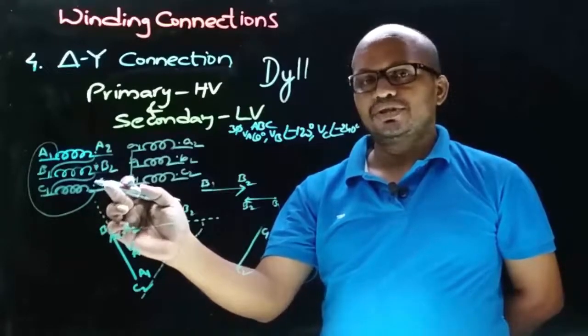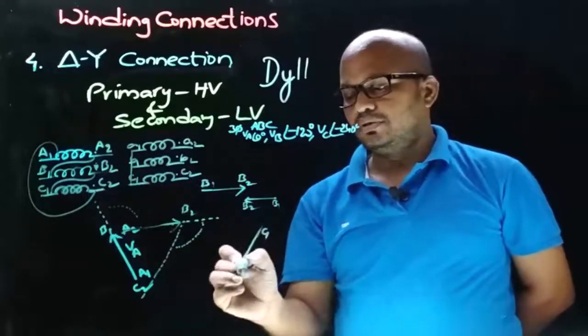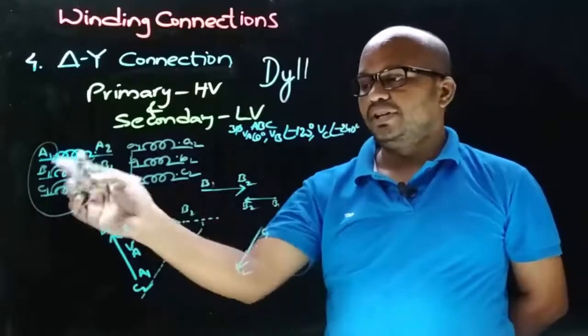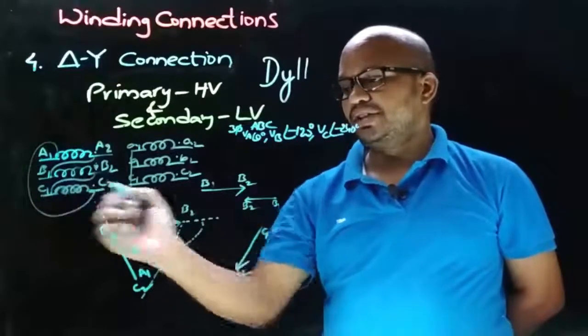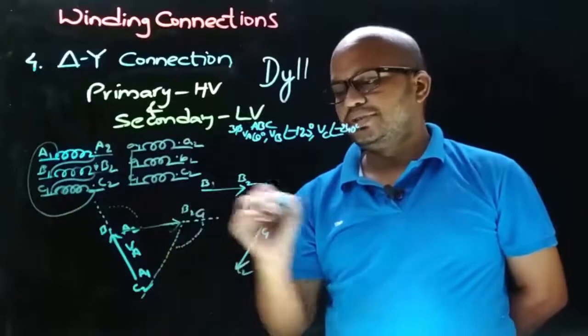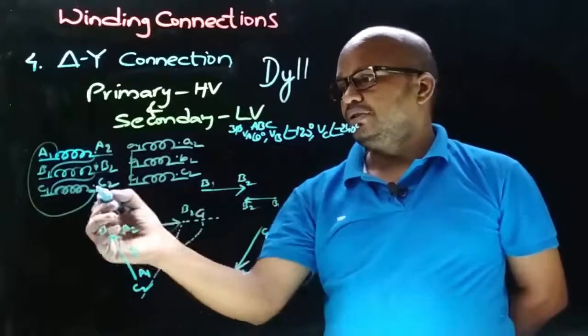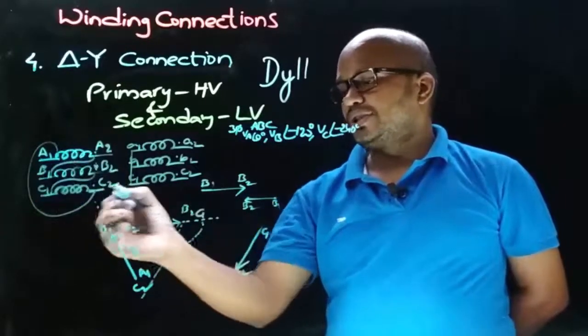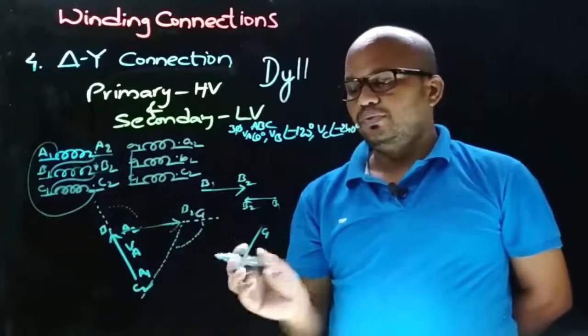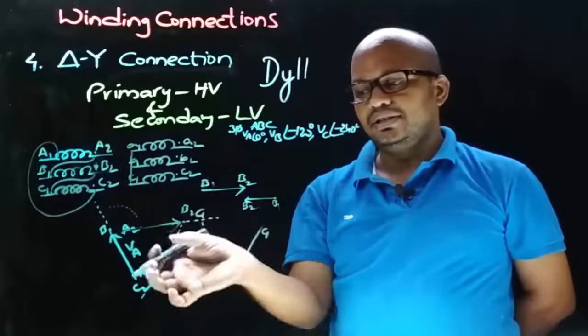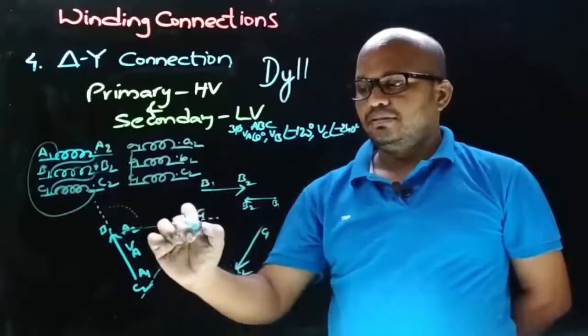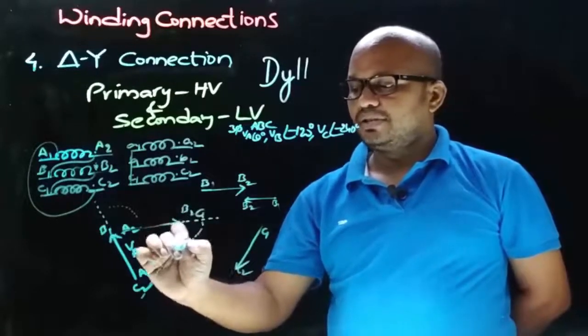So C2 must have arrow, therefore like this. Now observe winding connection that to B2 there is C1 connection, means here we must have C1, and to A1 there is C2 connection, means here C2. Therefore place this phasor here such that B2 will have C1.